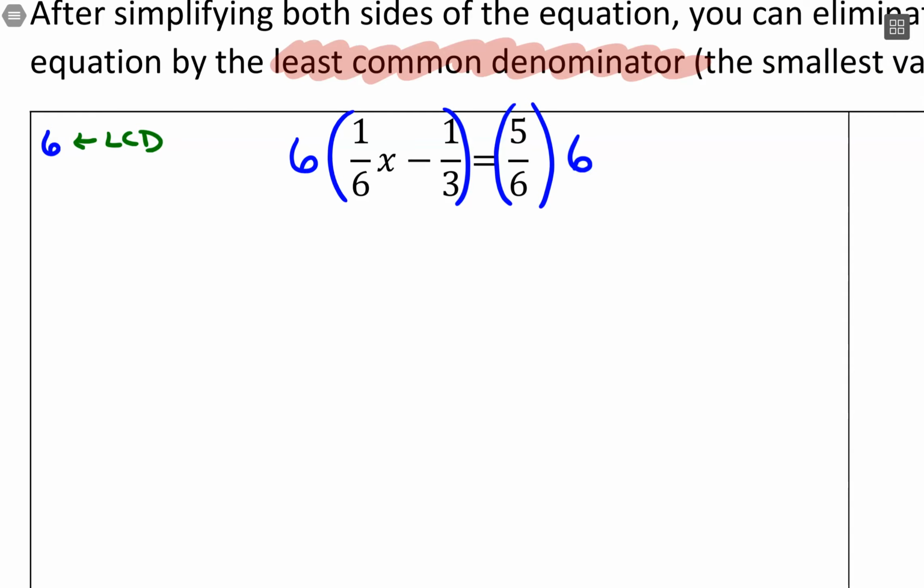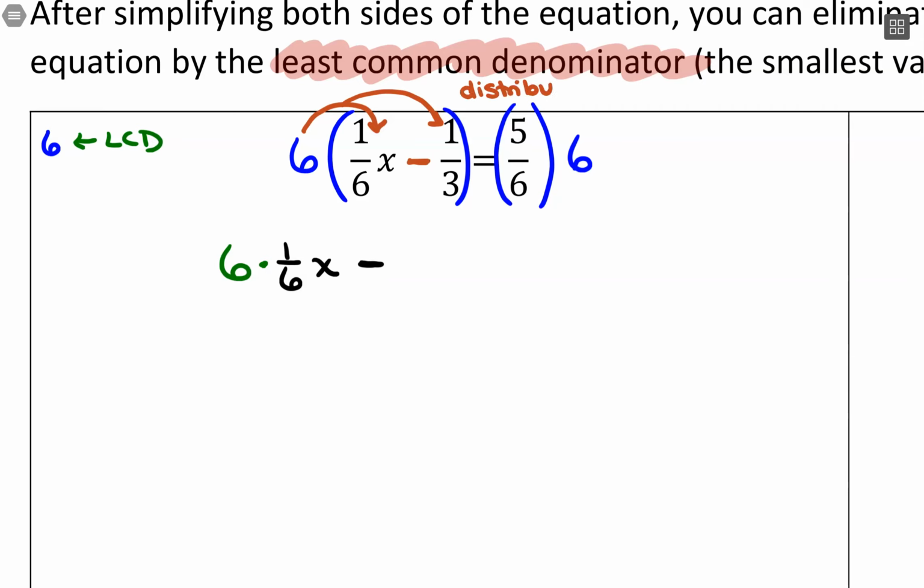Now the breakdown of this and how it appears is that on this left-hand side, this 6 is multiplying with each and every term. And again, this subtraction is separating the terms. So this 6 is going to multiply with the 1/6 x. So I'm going to write that as 6 times that 1/6 x. I'm going to keep that subtraction symbol in there. And then I'm going to have 6 times that 1/3. This right here is called the distributive property.